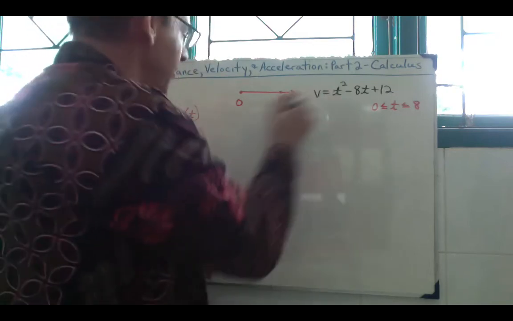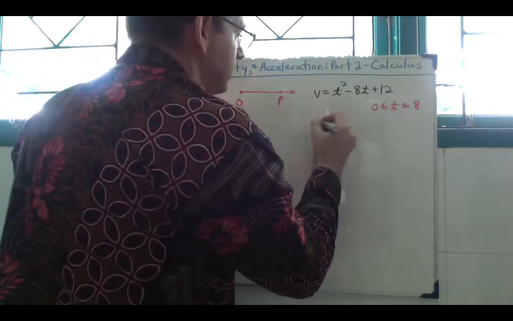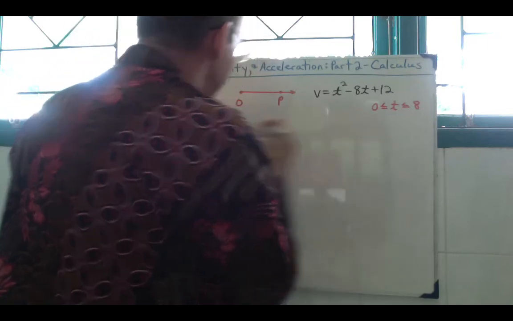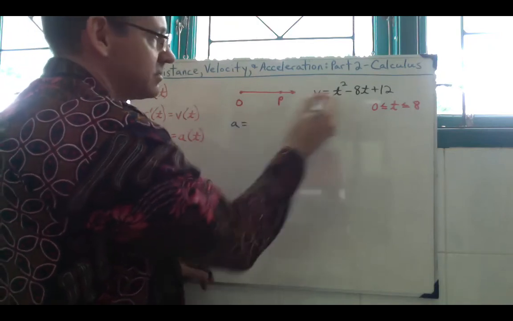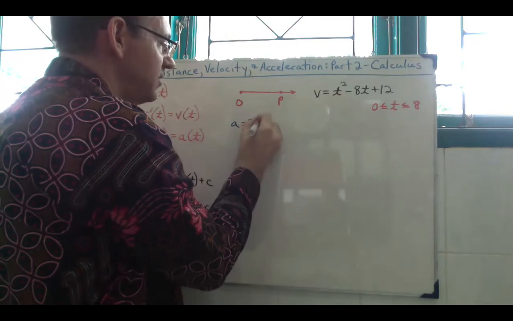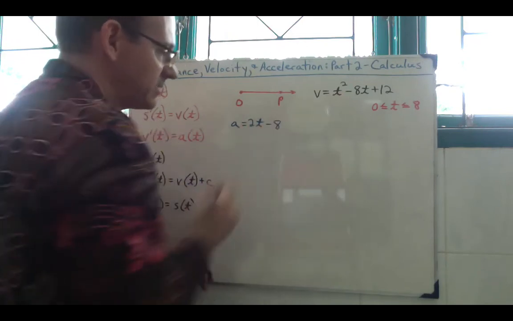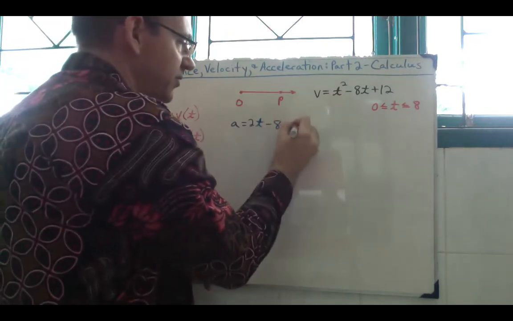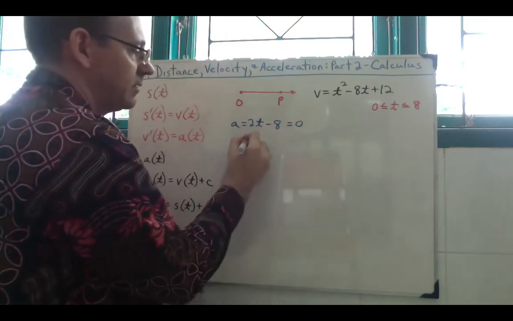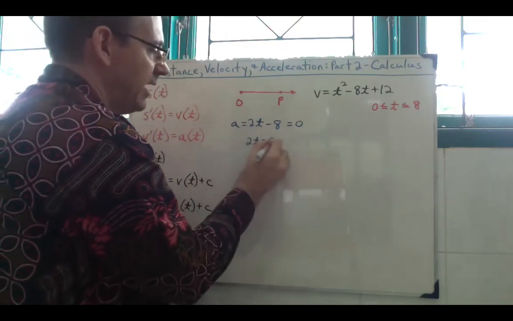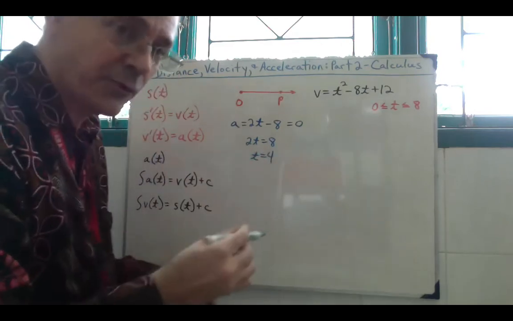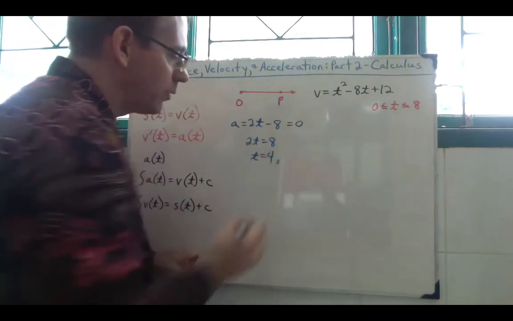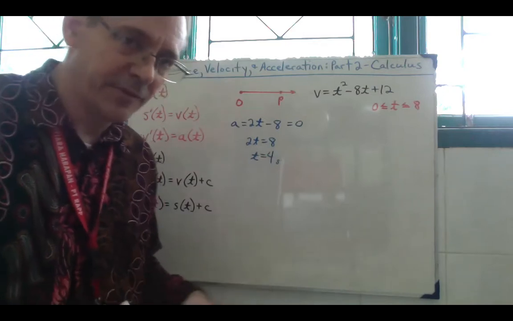So if we do our first derivative, we get, I'll put it over here, a equals 2t minus 8. We want to set this equal to 0. So we get 2t equals 8. And so we get t equals 4. So at 4 seconds, we will have our minimum velocity.